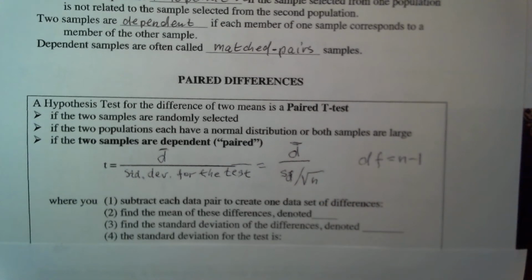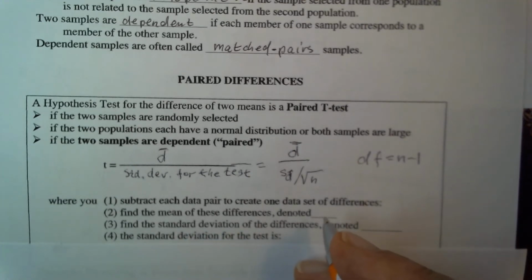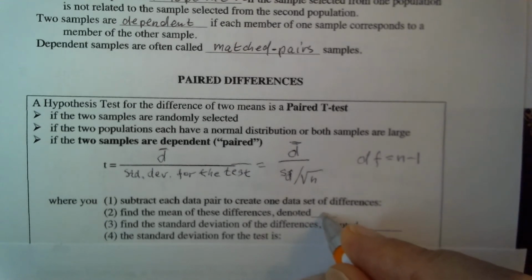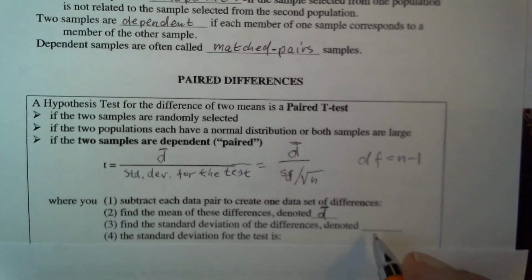So then here's how you proceed. First of all, you subtract each data pair to create one set of differences. Then find the mean of these differences, and that is our d bar, the mean of the differences. And then we find the standard deviation of the differences, and that is s sub d bar.